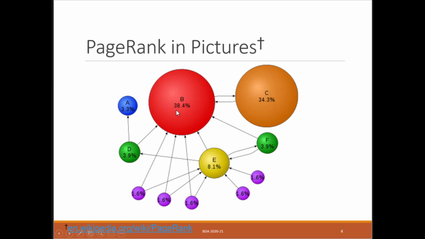The higher rank value indicates greater importance of a particular web page. For instance, website C here with only one input link has a greater PageRank than page E with several input links. This is because the one link to C comes from an important page with a greater PageRank.